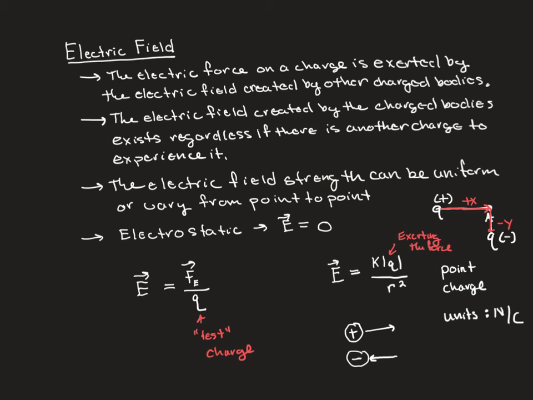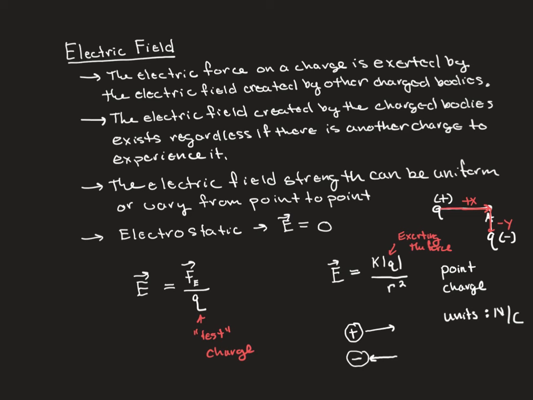So you're going to see the same thing with electric charge, where the electric field depends upon the charge exerting or creating that electric field, and then whatever test charge you happen to put in it leads to a different electric force. The electric field strength does not have to be constant. It could be uniform or it could vary from point to point. With point charges, since there is a distance dependence, you're going to find that the field is not uniform.